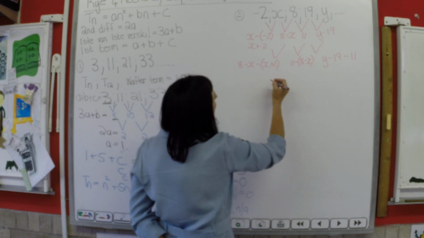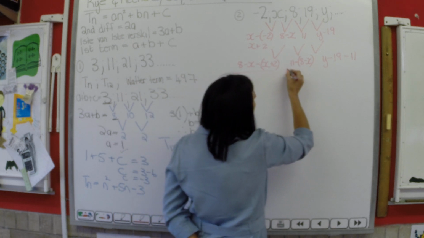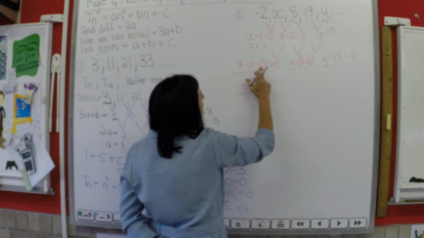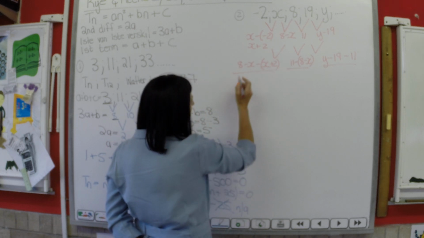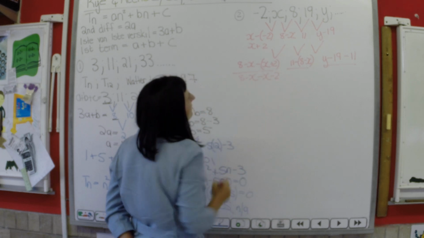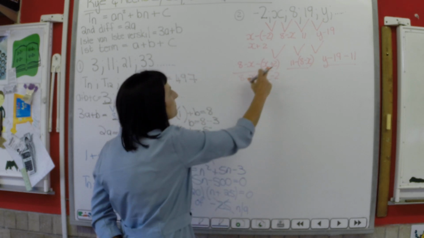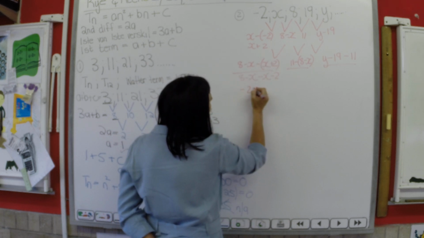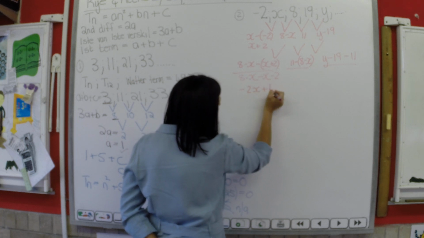So kom ons bepaal ons finale tweede verskil. So ek het 8 minus x minus 2. If I simplify that, take the brackets away, then that plus becomes a minus. So ek het minus 2x plus 6.